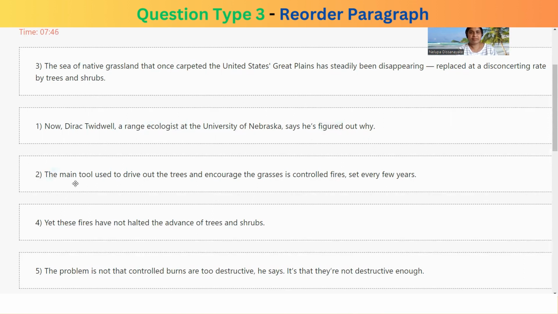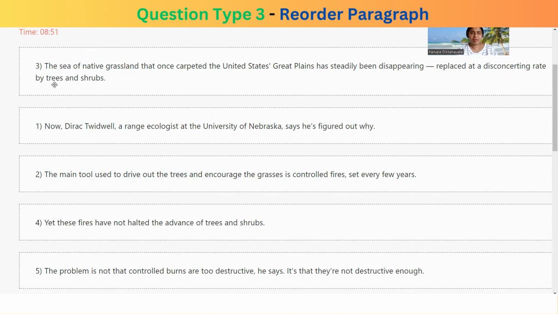Now let's see the others also. "The main tool used to drive out the trees and encourage the grasses is controlled fires." When you have the word "the" here, we have to have some kind of an introduction of some trees. If you see the last part of the previous sentence, it explains the next sentence.